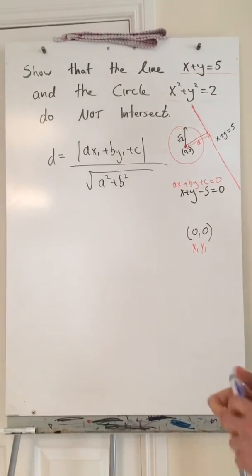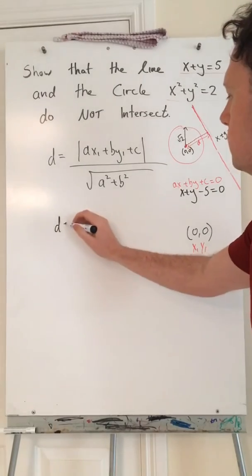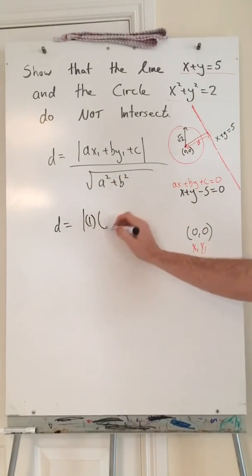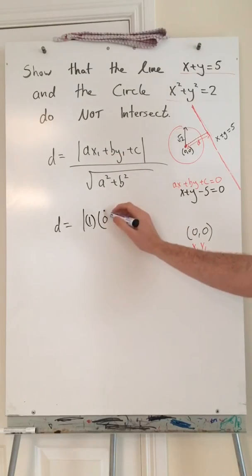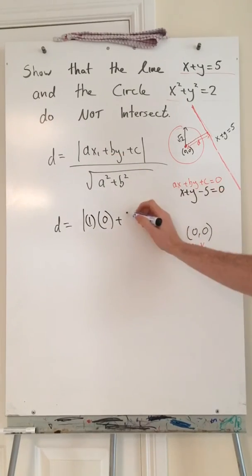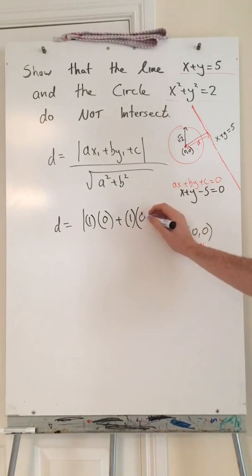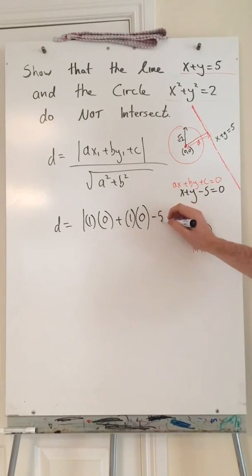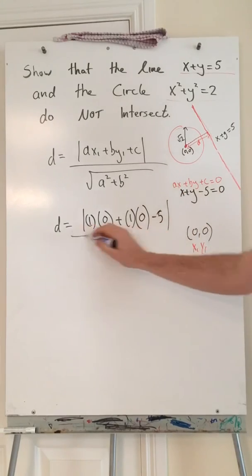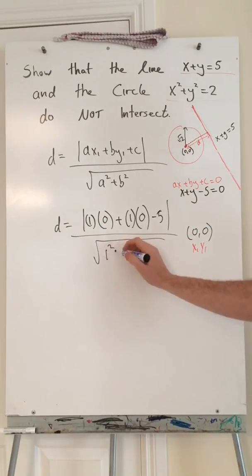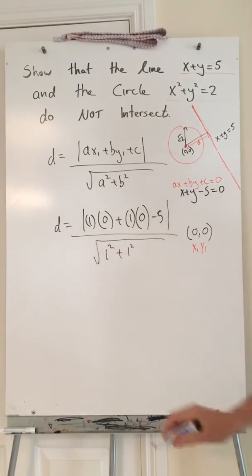So to fill it all in now, my distance is equal to, okay, so a is obviously 1, by x1 is 0, plus b is also 1, by y1 is 0, minus 5 is my c, all over the square root of a squared, which is 1 squared, plus another 1 squared.